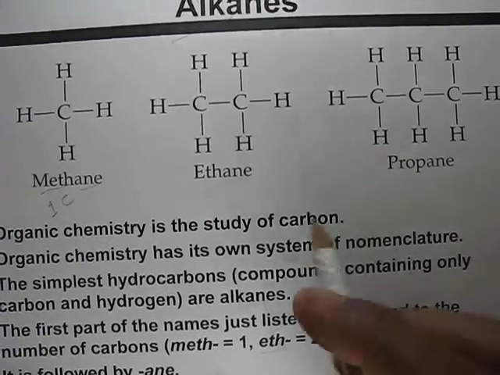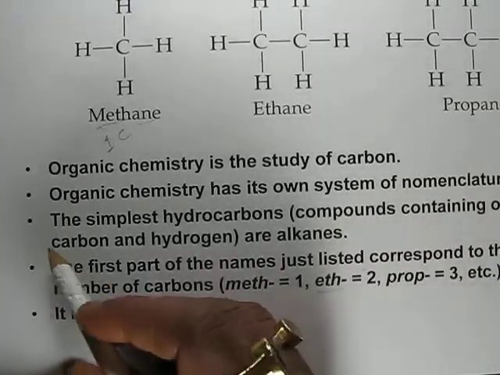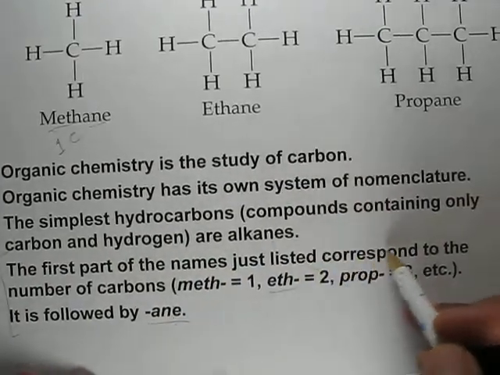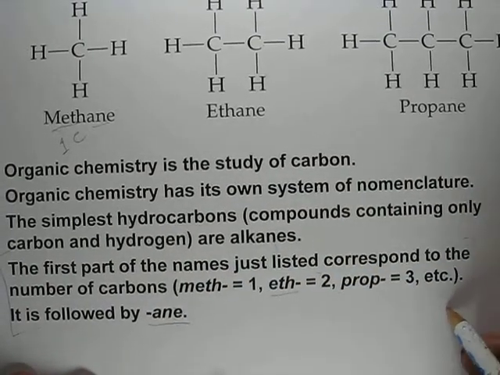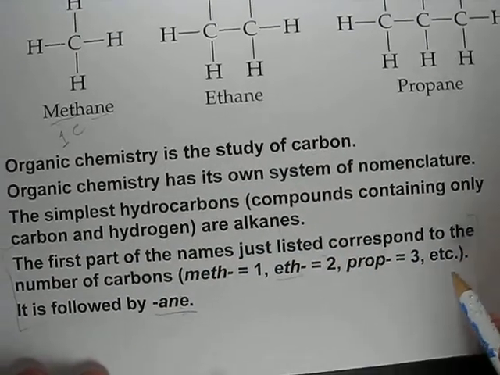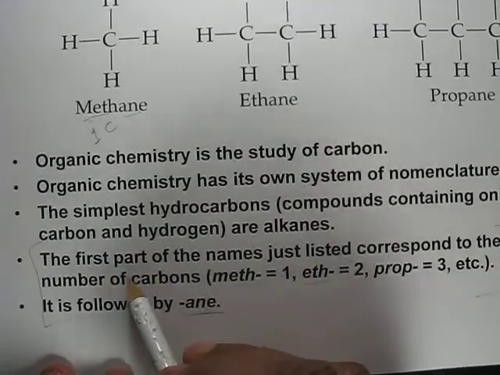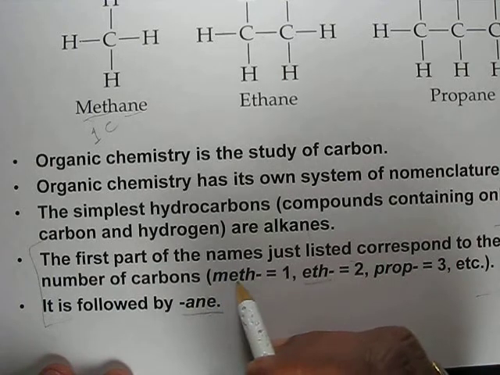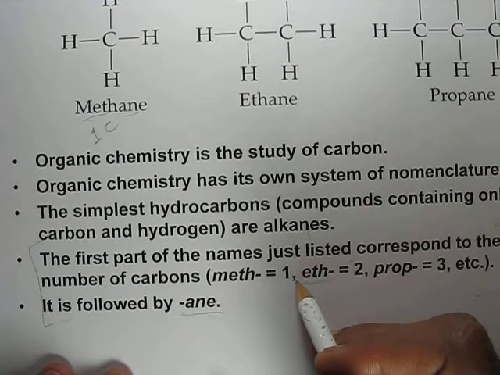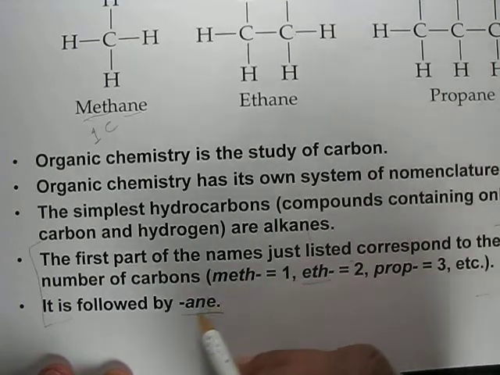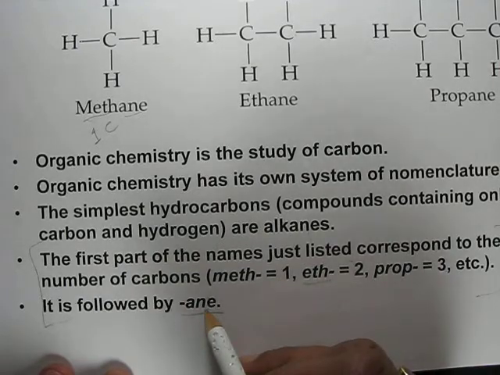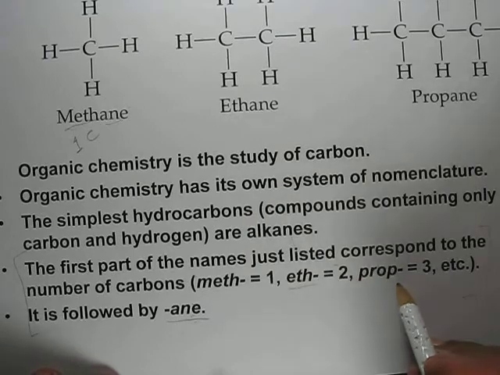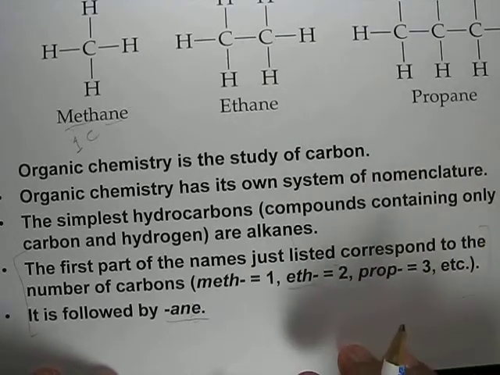You can name organic compounds by memorizing these two lines: if there is 1 carbon, you use the prefix meth, and then you use ane as the suffix. For 2 carbons eth, for 3 carbons prop.